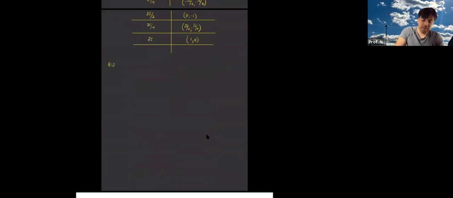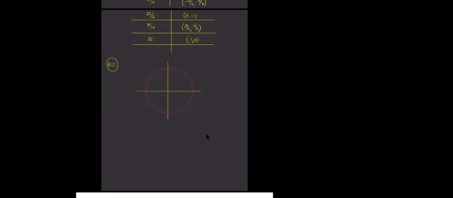So overall, we're going to have 12 slices. I'm going to divide it into sixths, right?